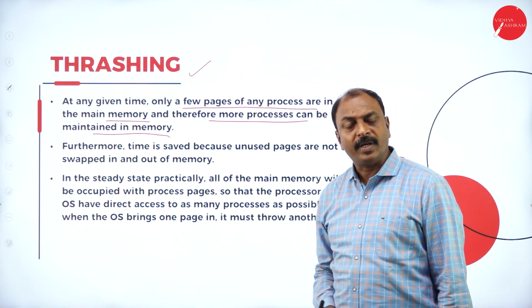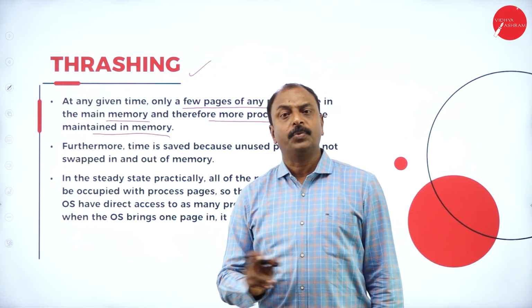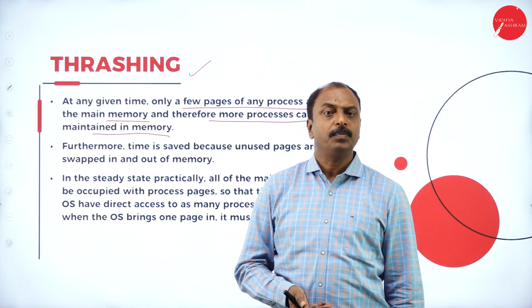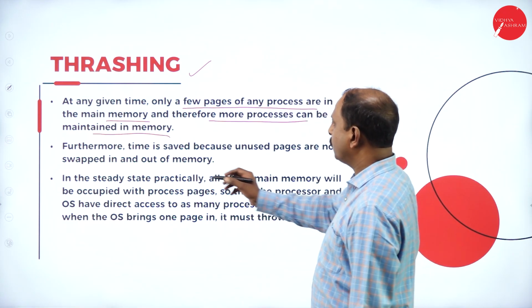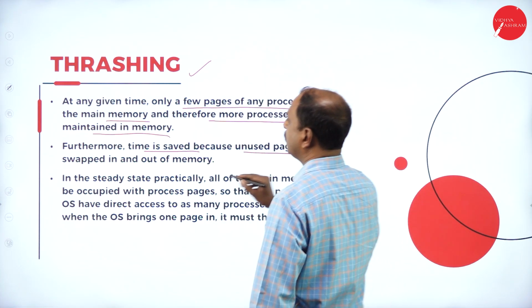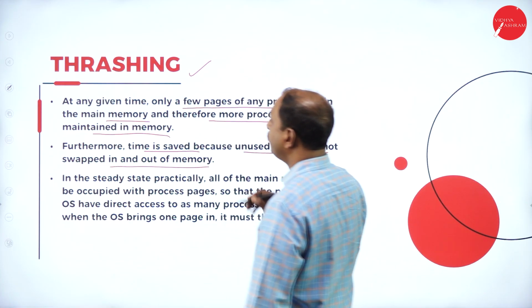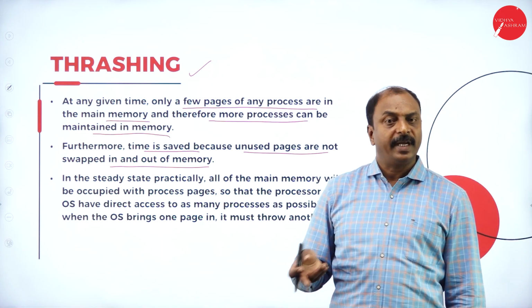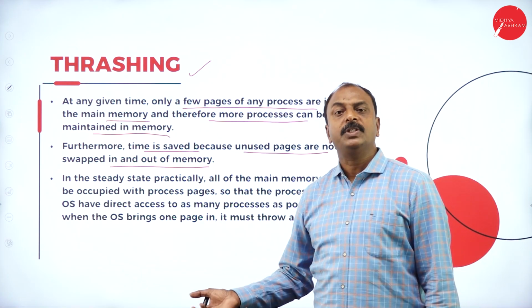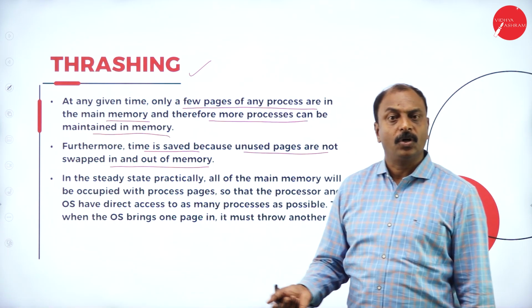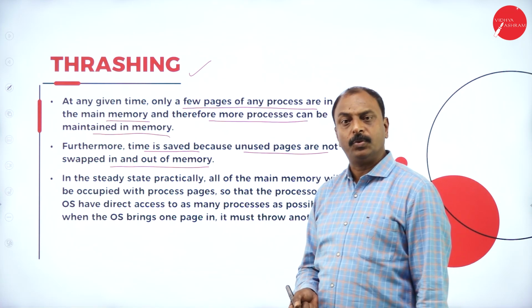At any point of time, we cannot have all the pages of different processes in the main memory for processing. Furthermore, time is saved because unused pages are not swapped in and out of the memory. Whatever pages we have not utilized for a long time have to be swapped out from the main memory for efficient usage of CPU time.